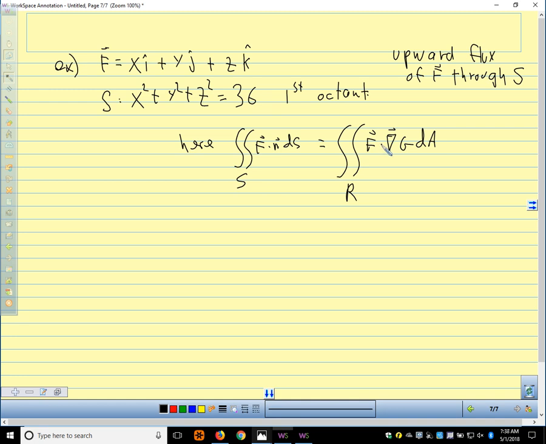We cannot use the method that we talked about, that del G equals 2x i hat plus 2y j hat plus 2z k hat. Why can't we say that?